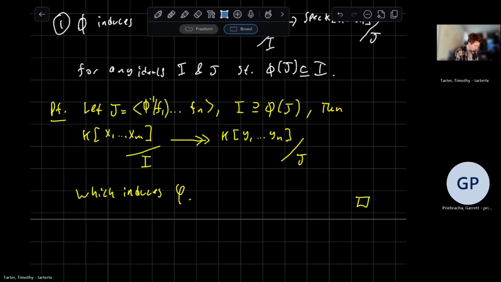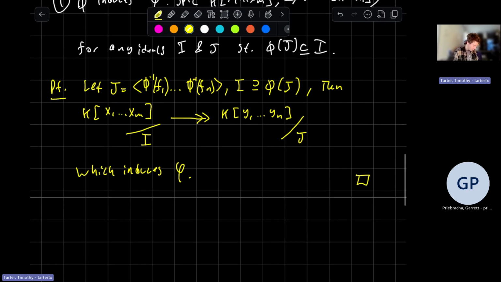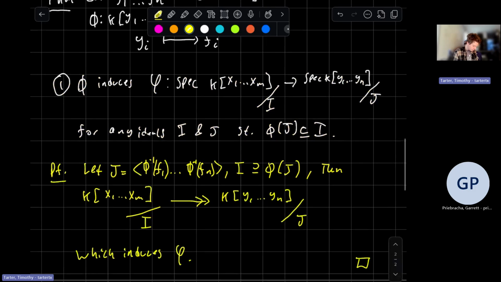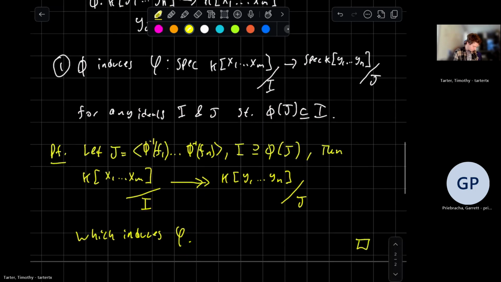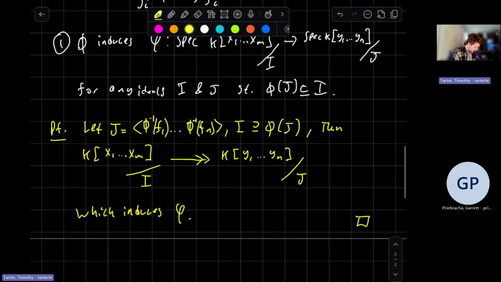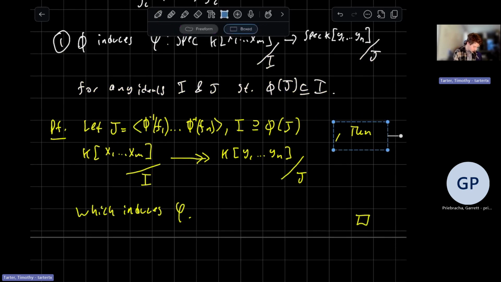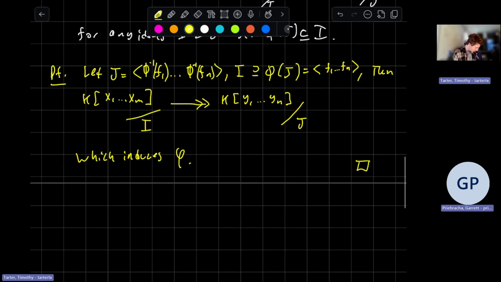Oh, okay. And so then I contains the ideal generated by F1 through Fn.